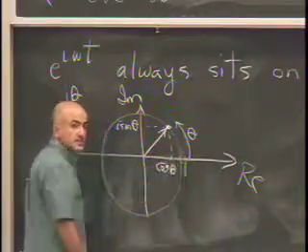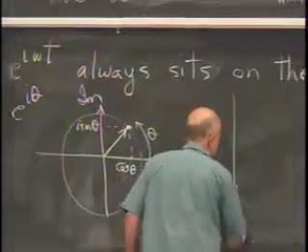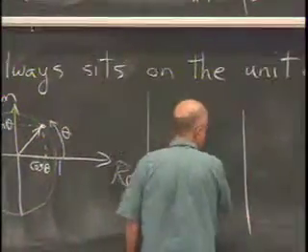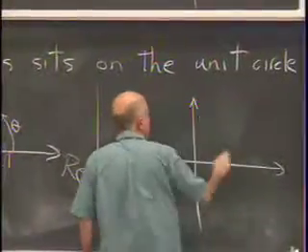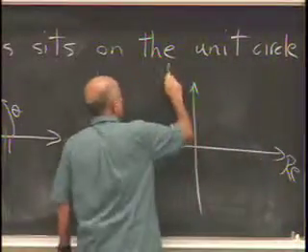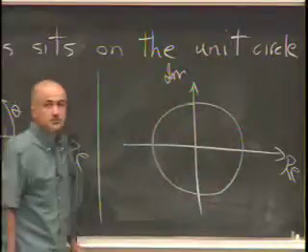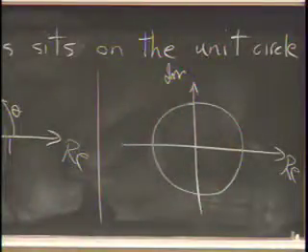Now what about e to the I omega t? Why do I keep carrying this annoying omega t with me? What's so special about e to the I omega t? What feature am I trying to bring out? Movement.